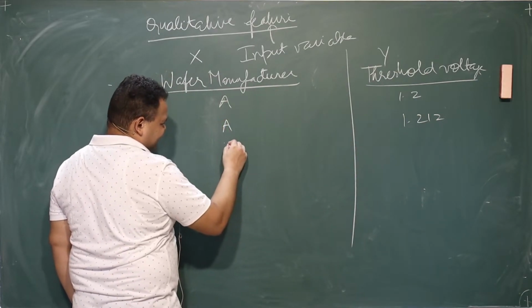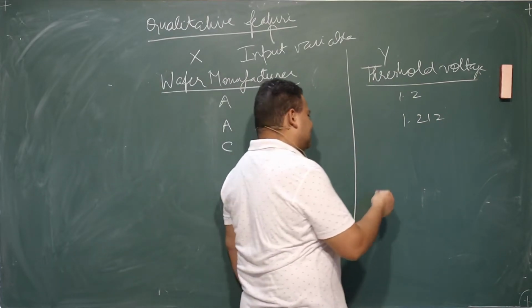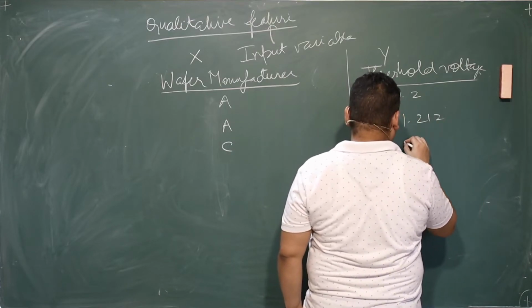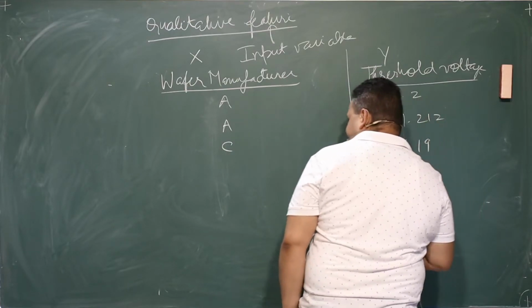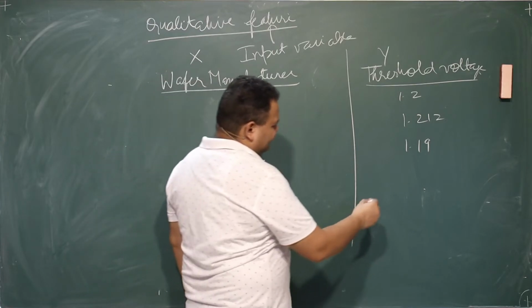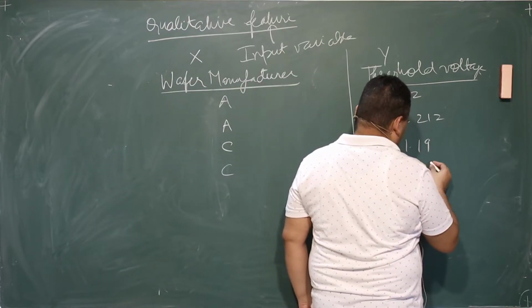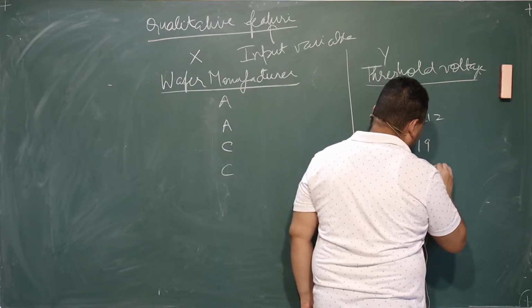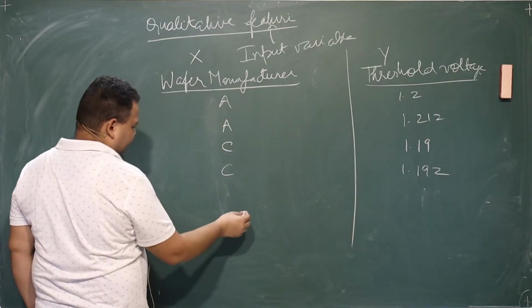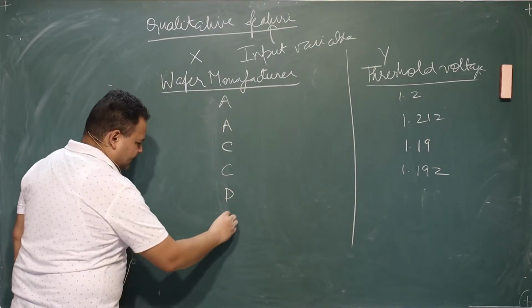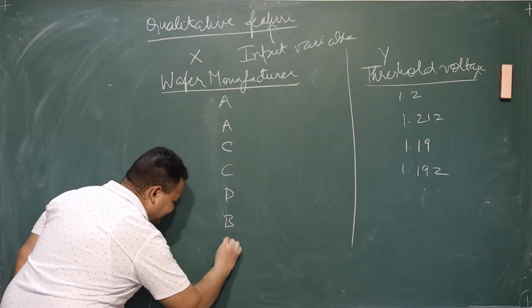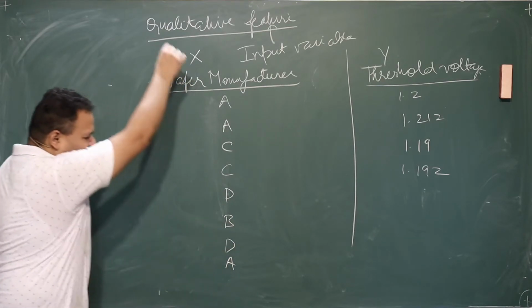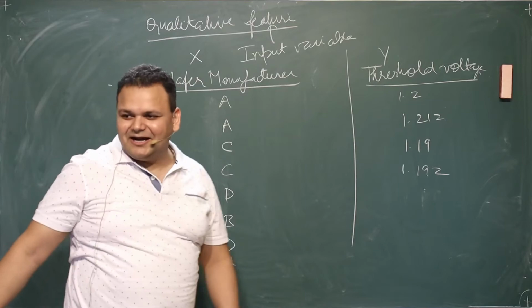The third set is from wafer manufacturer C. The threshold voltage here is 1.19. C again, 1.192. Then I do D, B, D, A. So I have maybe 100 data points.